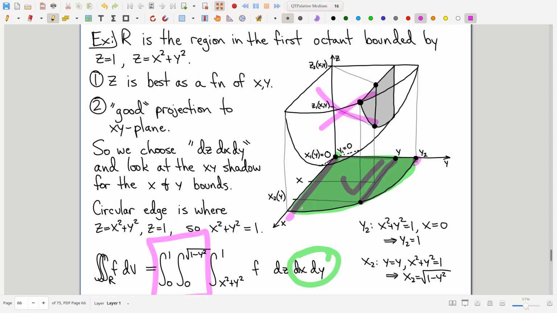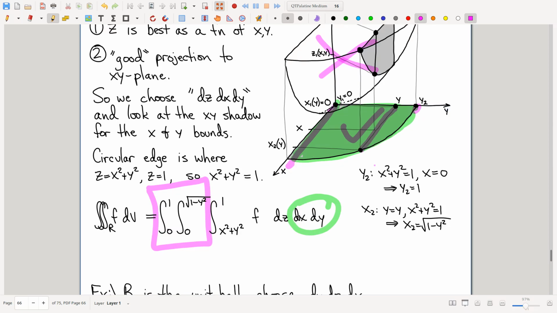You can ignore the very difficult to draw three-dimensional picture and just look at the much easier to draw two-dimensional picture. Everybody buy it? Now, that only gives you those first, the outside and the middle, if you will, bounds.